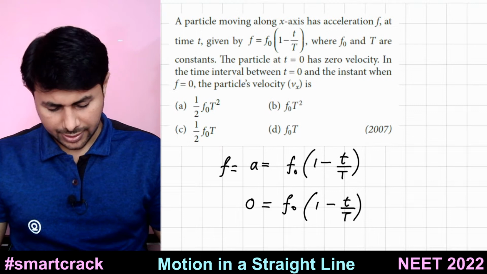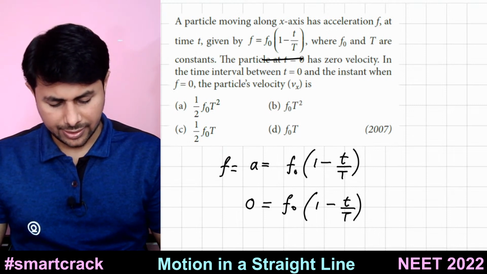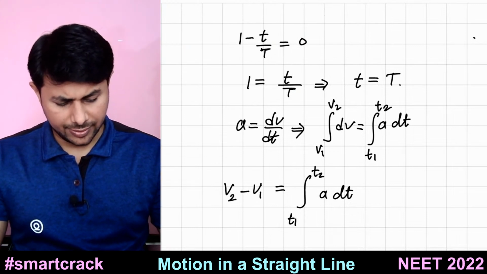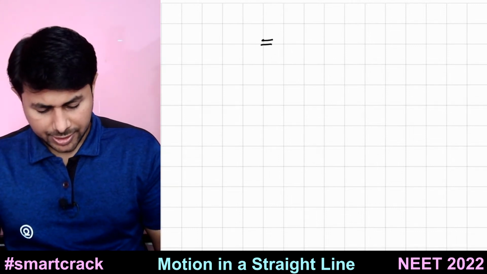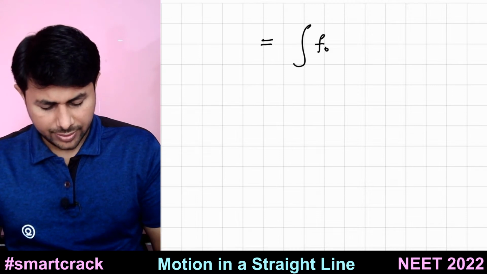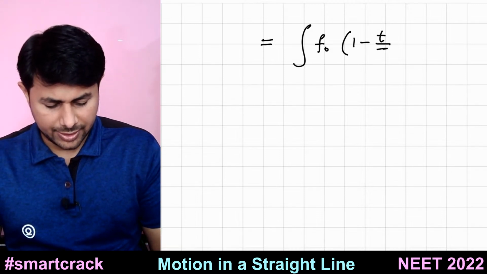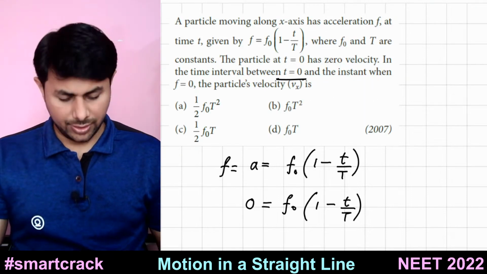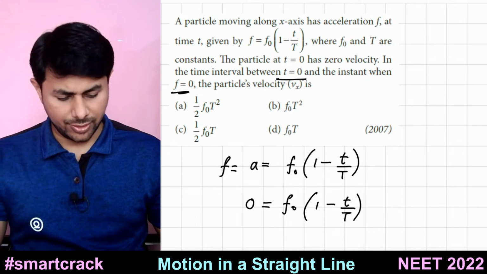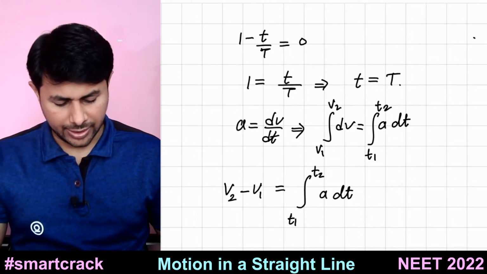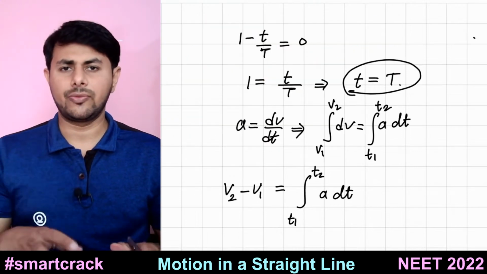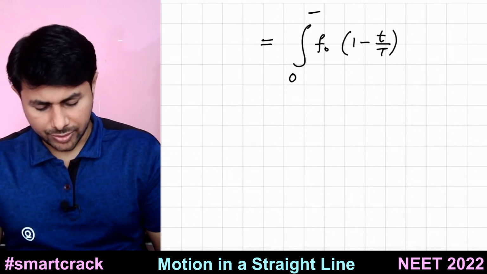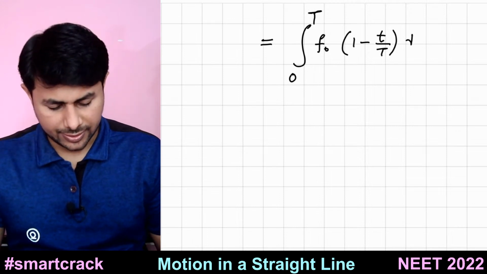The formula is f naught times 1 minus small t upon capital T. So let's substitute that here, and we have to integrate this from t equals to 0 to the time when f becomes 0. We found out that this time is equal to capital T. So let's substitute that, from 0 to capital T. We have to integrate this.